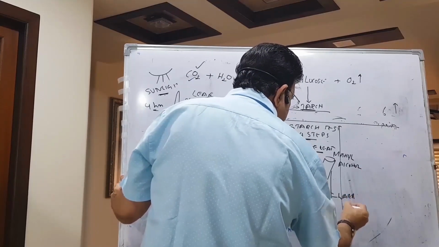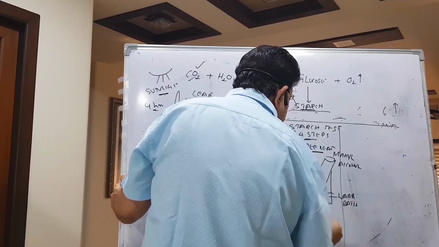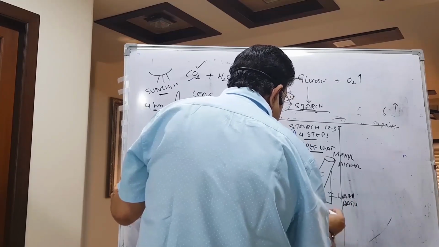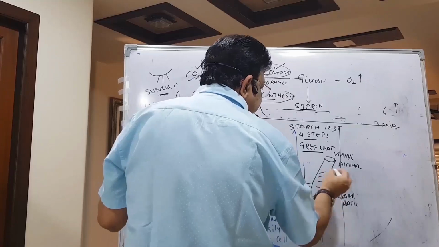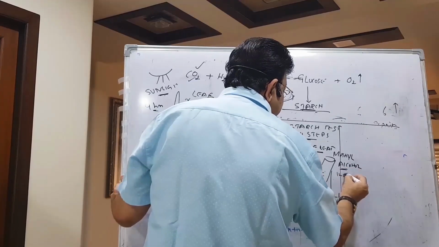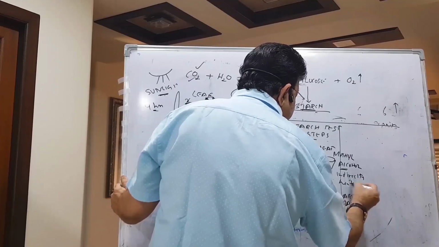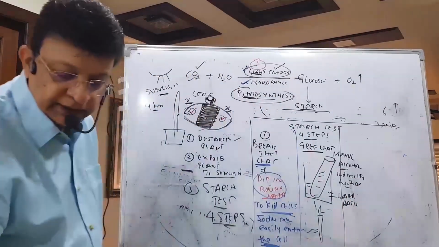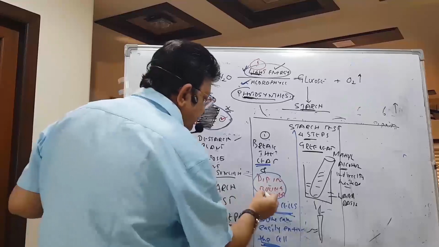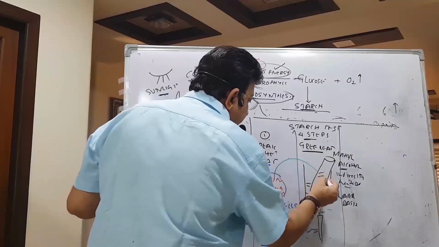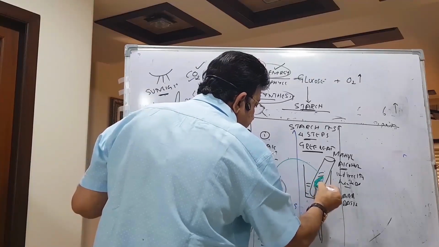I place the test tube in a water bath so that when I put a Bunsen burner, I am heating the methyl alcohol indirectly. Because if you directly heat it, it will explode. Remember. Next, I take this green leaf which was dipped in boiling water and place it here.